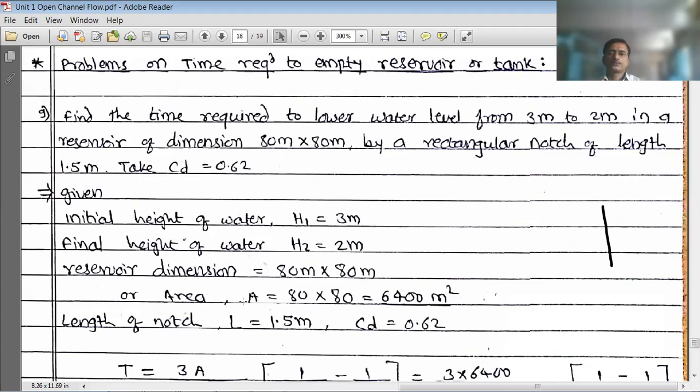Length of notch, Cd. Put all these values in the equation and find out the answer.